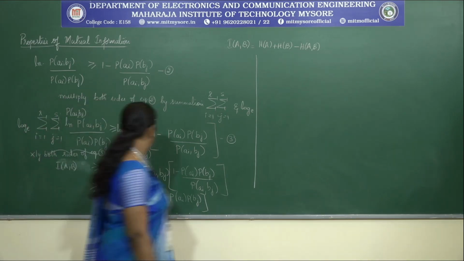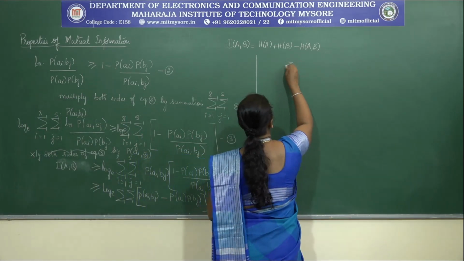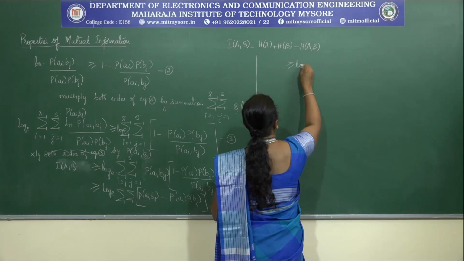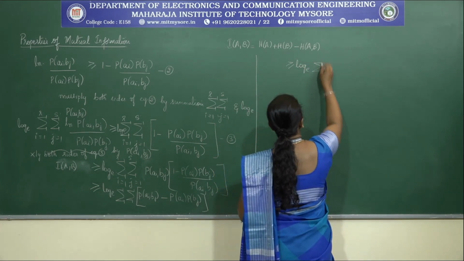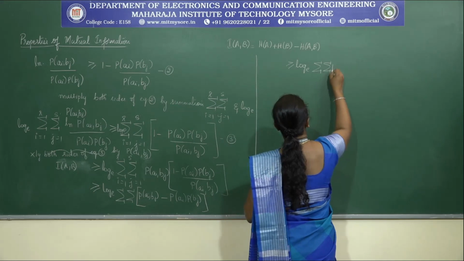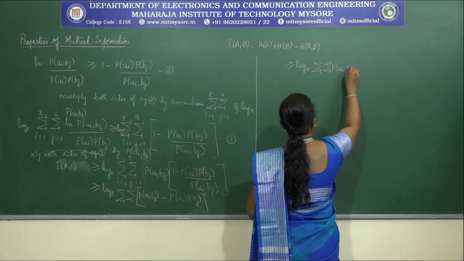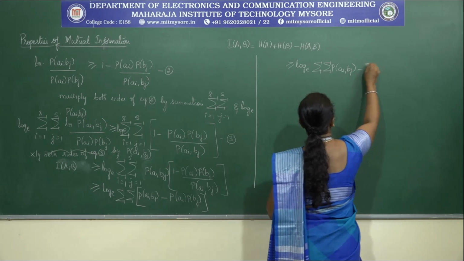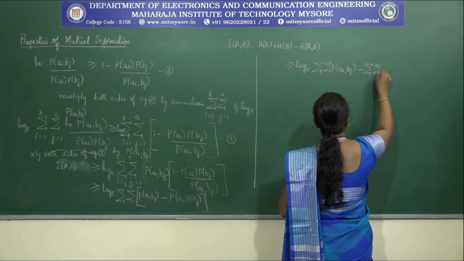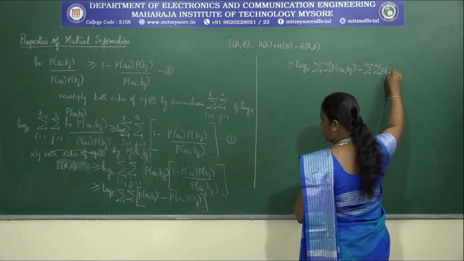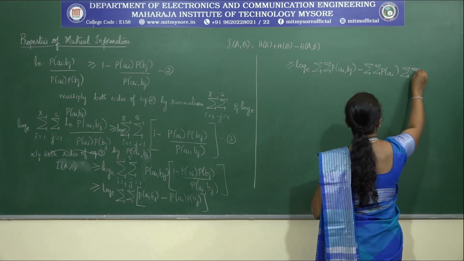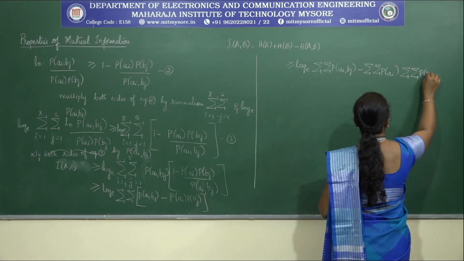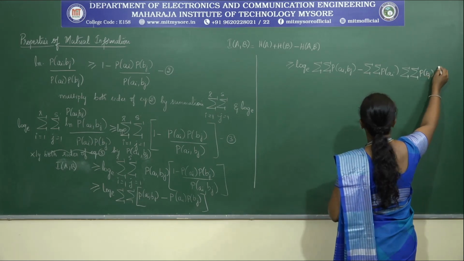So further we need to simplify this equation. This is greater than or equal to log base e of double summation of P of ai comma bj minus double summation of P of ai and double summation of P of bj.